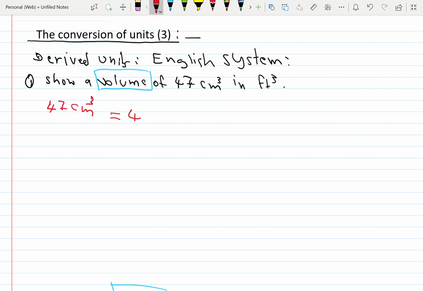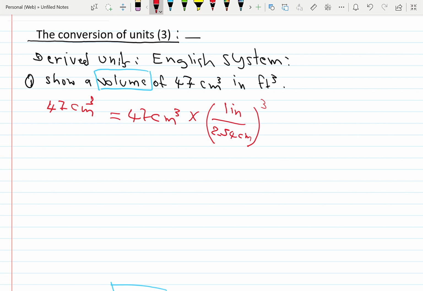We multiply by, so we need to go from centimeter to inch first, so we can go directly to foot. So in 1 inch we have 2.54 centimeter. Okay, and because it is cubed, we need to cube all this.